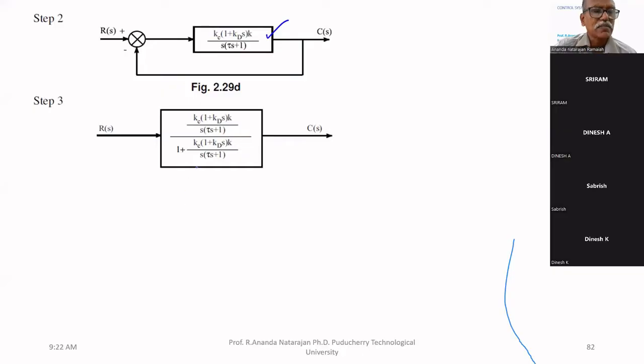This is the forward path transfer function. What is the closed loop transfer function for this closed loop unity feedback system?